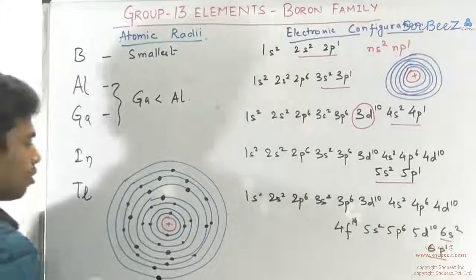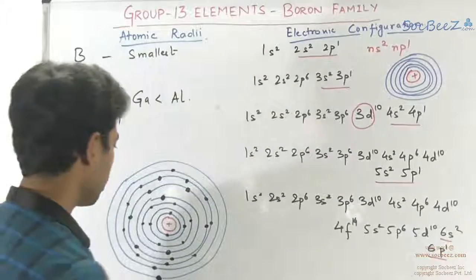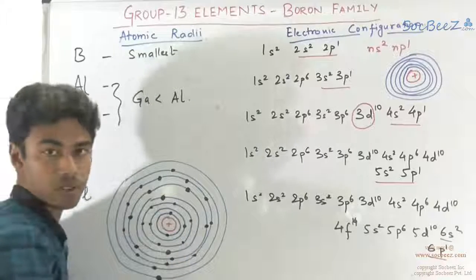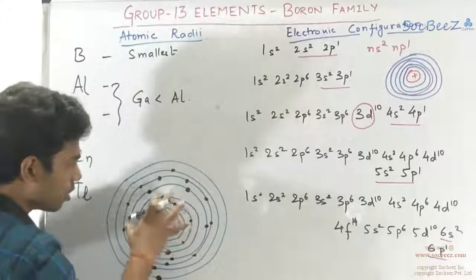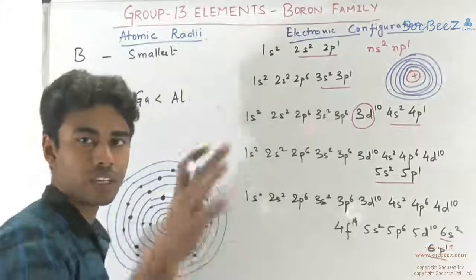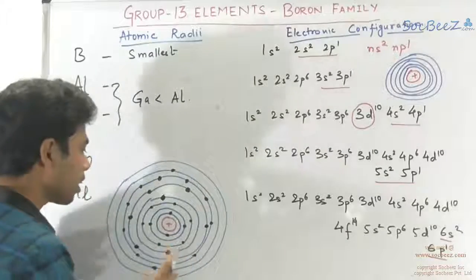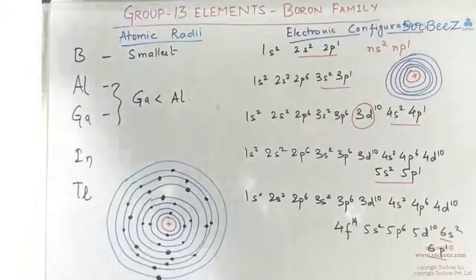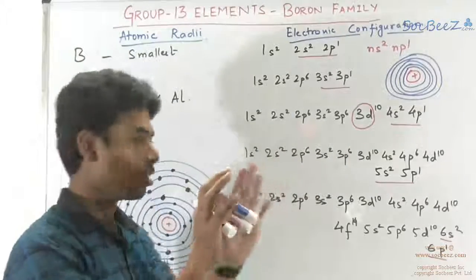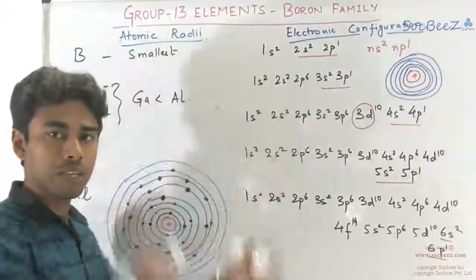Okay, so what happens is that how do these orbitals offer shielding? Now these electrons, as you know, they move in these orbitals. So these electrons create the entire sphere of negative charge. Just imagine that there are so many spheres of negative charge, like this is one small sphere, then one bigger sphere, then another big sphere.